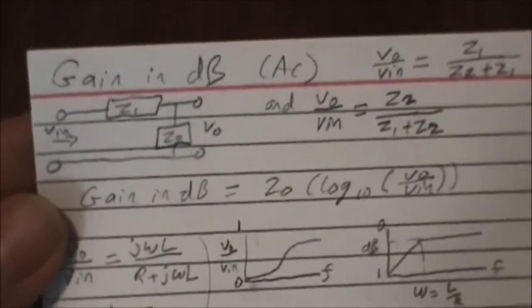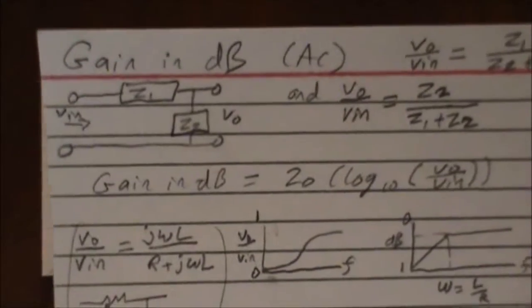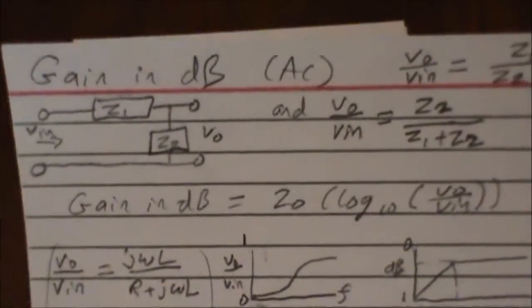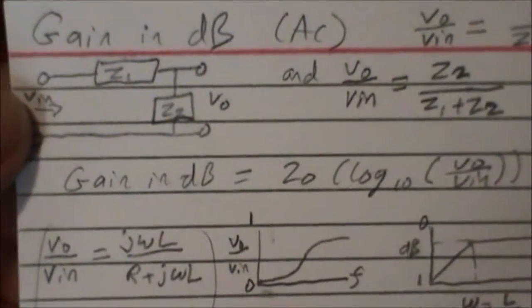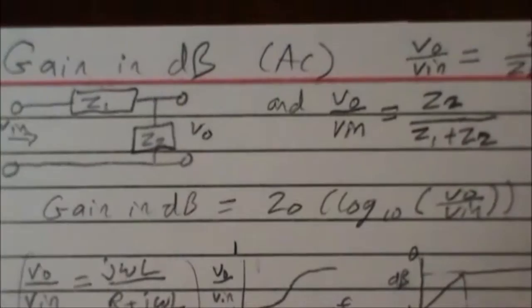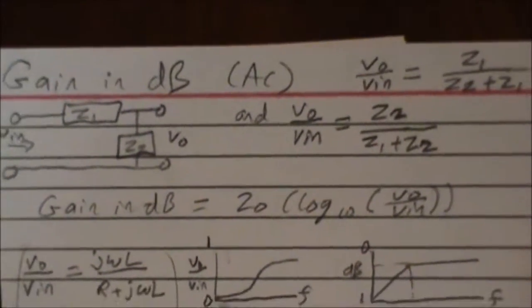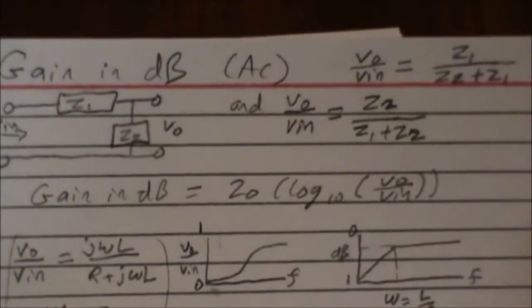Gain. I mentioned gain in dB briefly a while ago. So gain, let's say we have, and this is a model for any one of those four filters that we just talked about. It can talk about their impedances. So your gain, and it's measured in decibels.